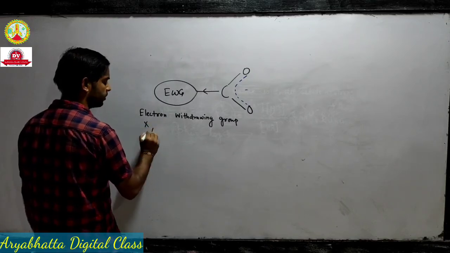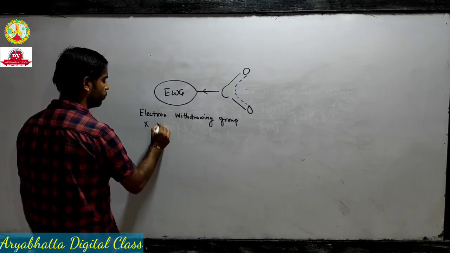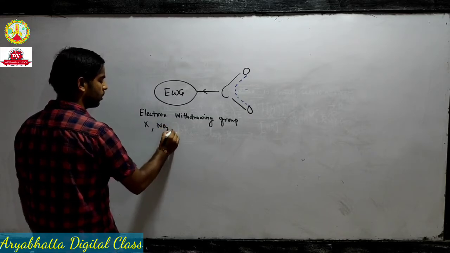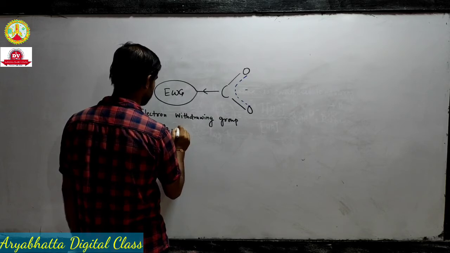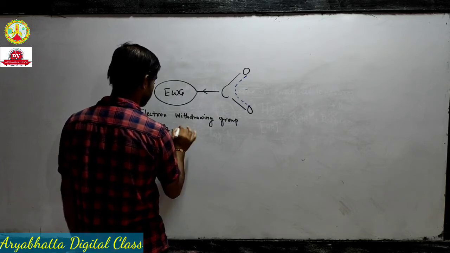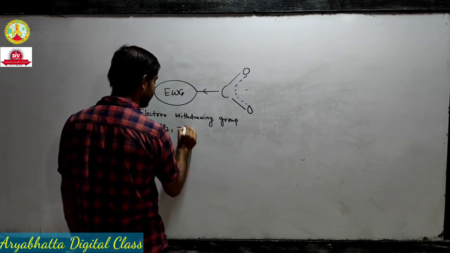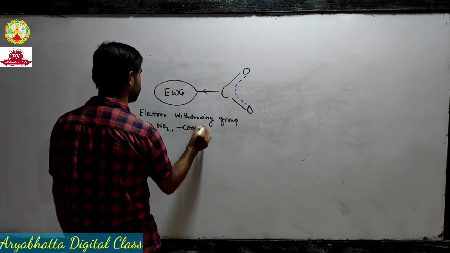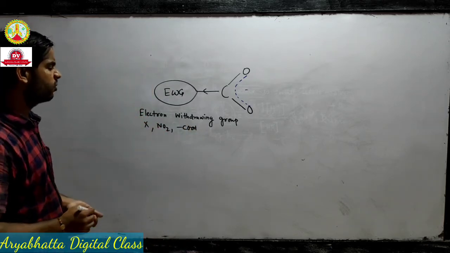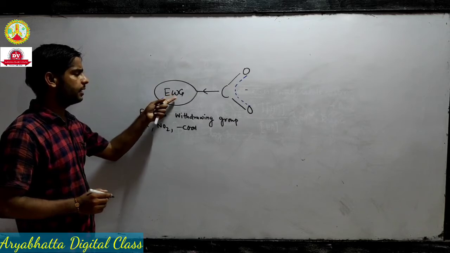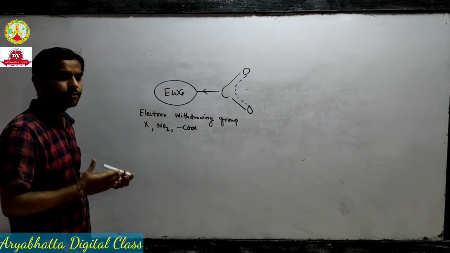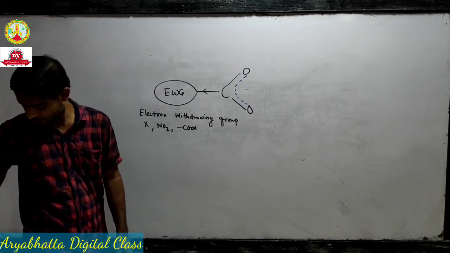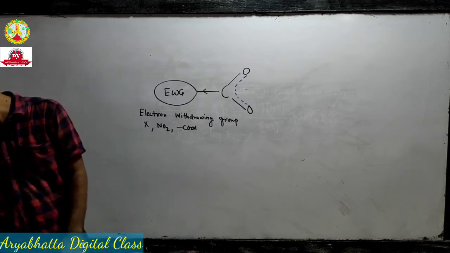All the halogens, then NO2, and here we can say aldehydic group or carboxylic group itself. They are all electron withdrawing groups. So if we place an electron withdrawing group here, the acidity increases.